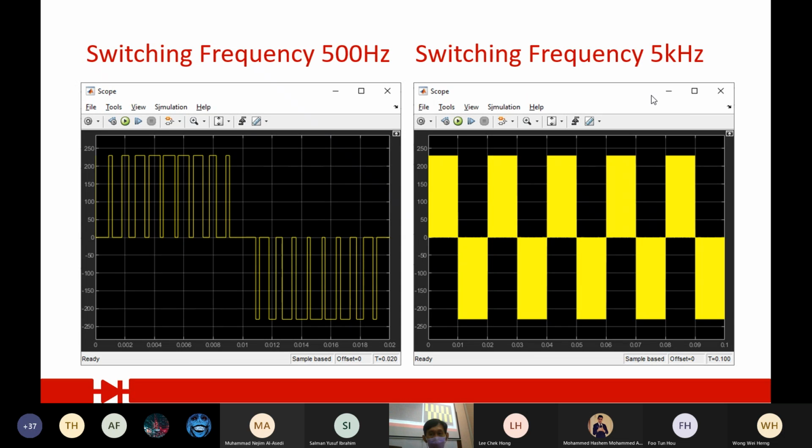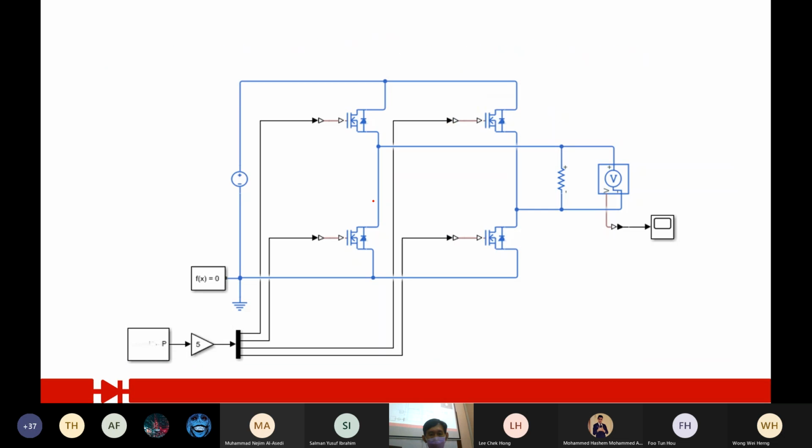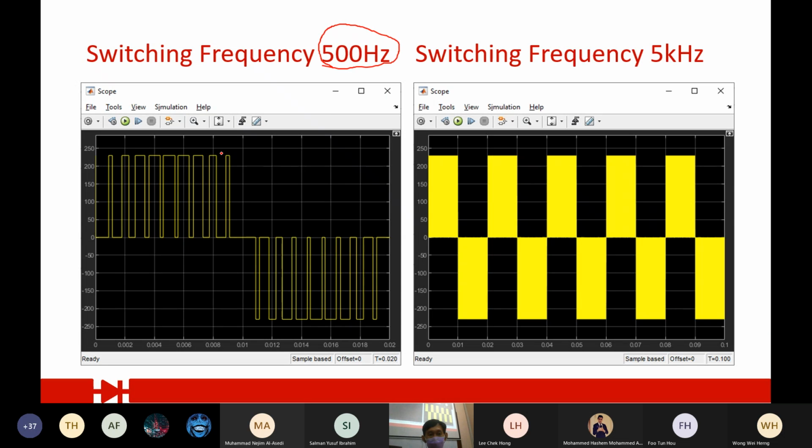If you use 500 hertz for your switching frequency, you will see that the output of this inverter looks something like that. Each of them will have 10 pieces.